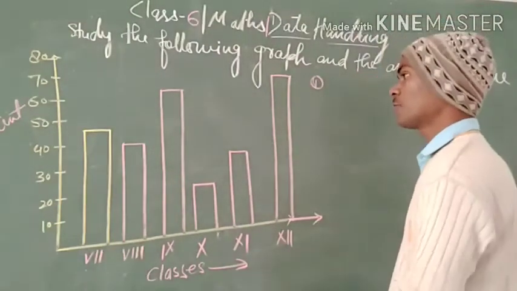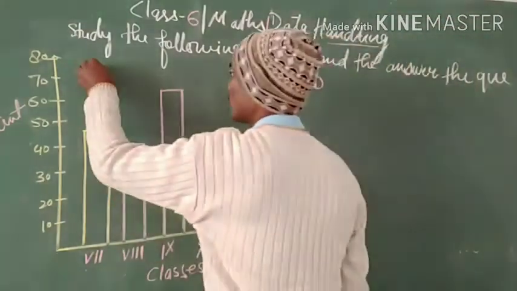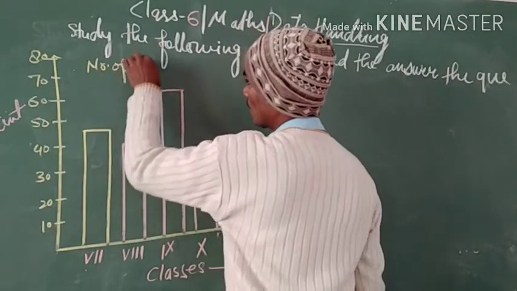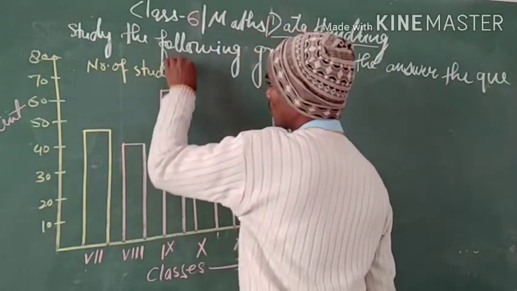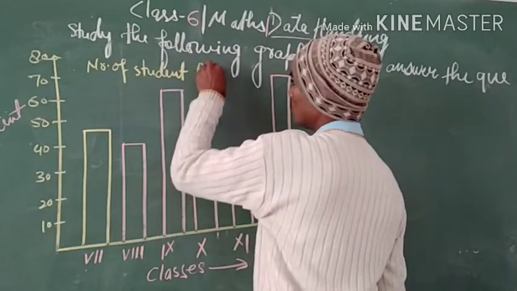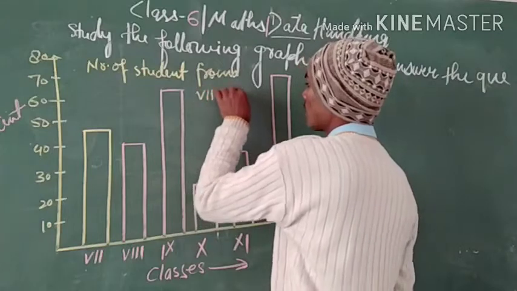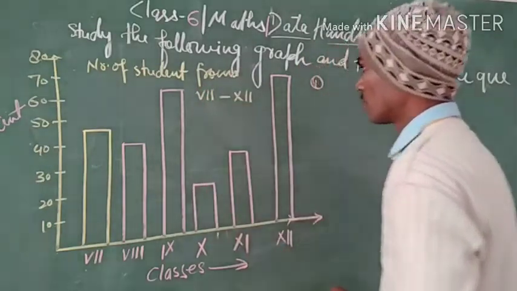The graph is for the number of students from class 7 to class 12.